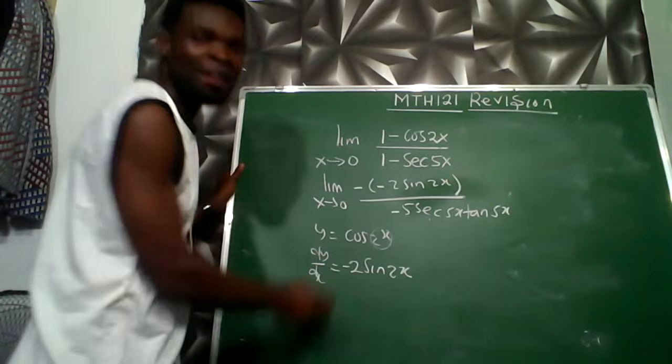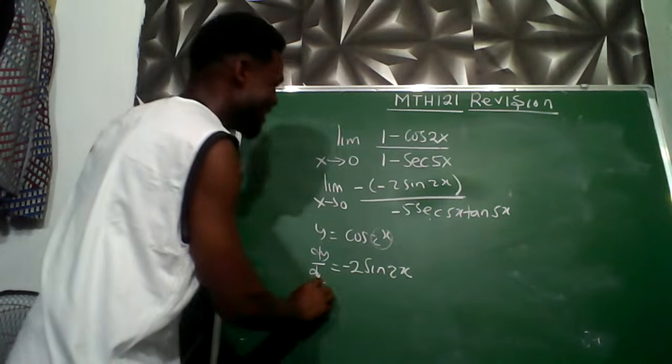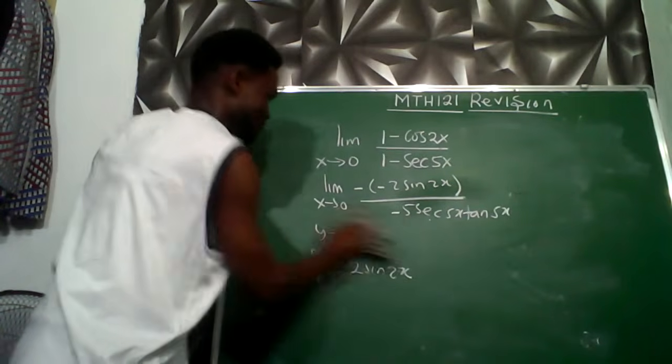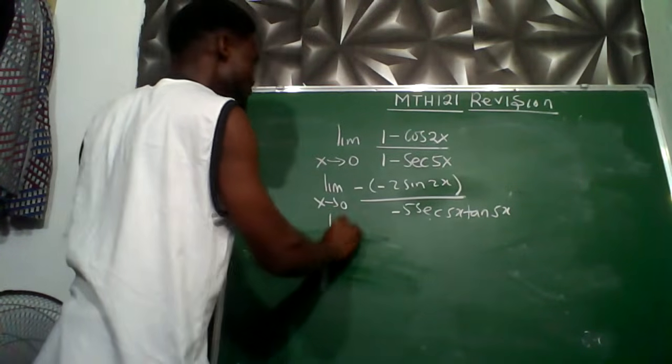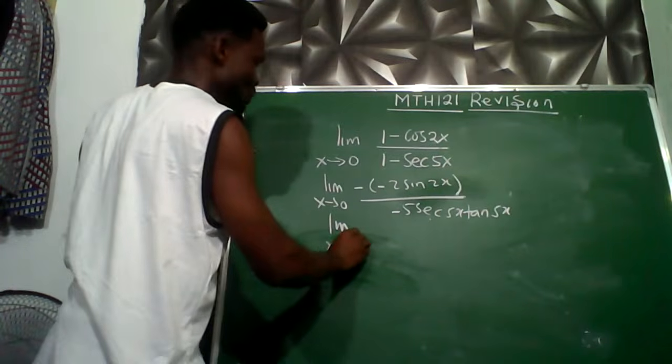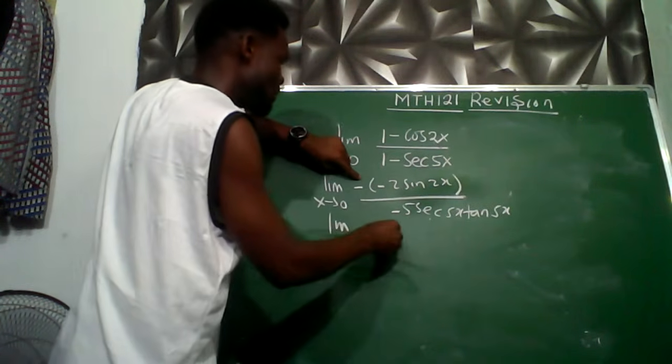So from here, I hope you are following. Now let us put this thing here. Now let's say that the limit as x tends to 0 of this will now be minus times minus is plus.